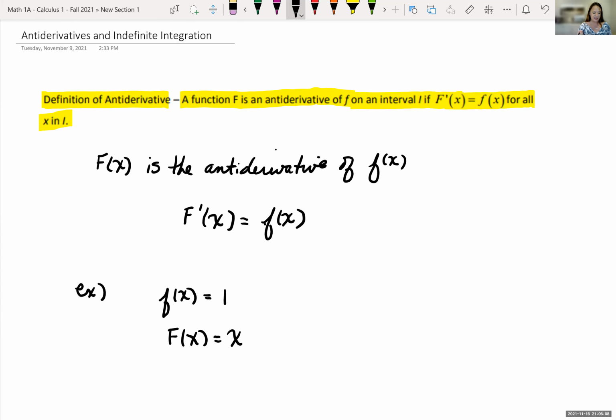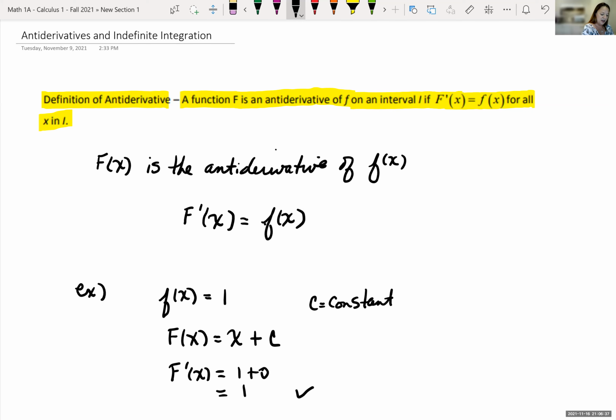But if I added any constant in here, c, where c is equal to a constant, and we took the derivative of this function now, well, derivative of x is 1, and derivative of a constant, remember, was 0. And so this would just give us back 1.